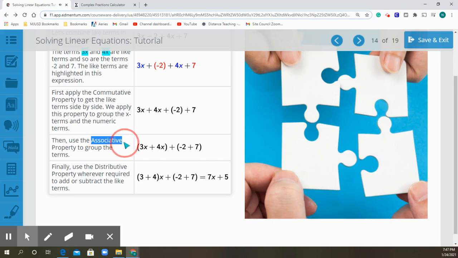The sum of 3x plus 4x plus the sum of negative 2 plus 7. Finally, use the distributive property wherever required to add or subtract the like terms. The sum of 3 plus 4 times x plus the sum of negative 2 plus 7 equals 7x plus 5.